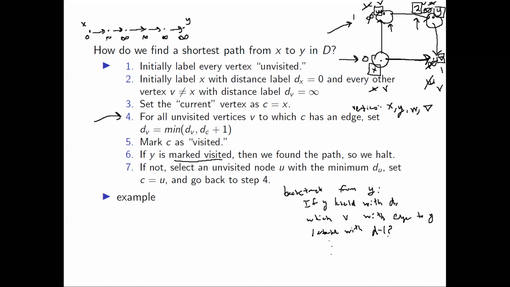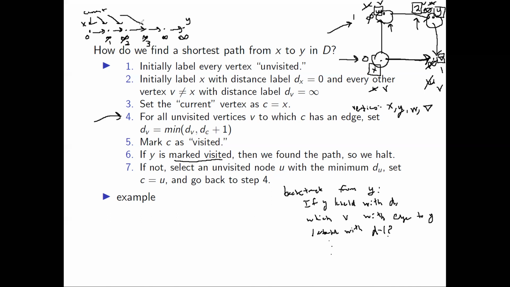And then replace this infinity with a 1. Replace this infinity with a 1 plus 1 to 2. So we're just running through the algorithm doing this. And each time the current vertex starts here, and then it goes here, and then it goes here, and we just cross that one out.